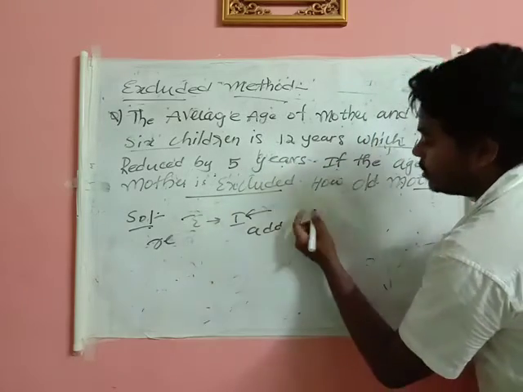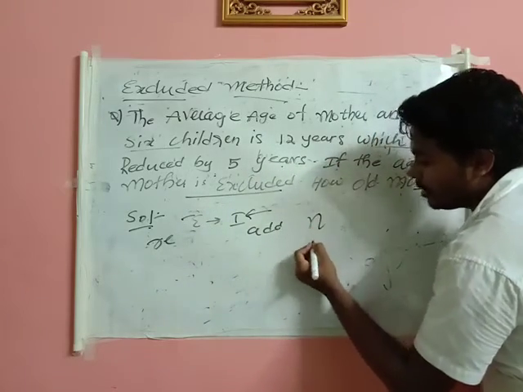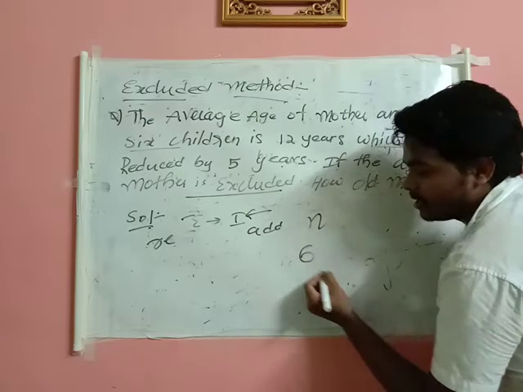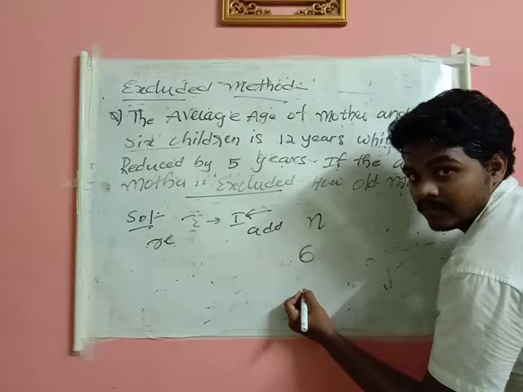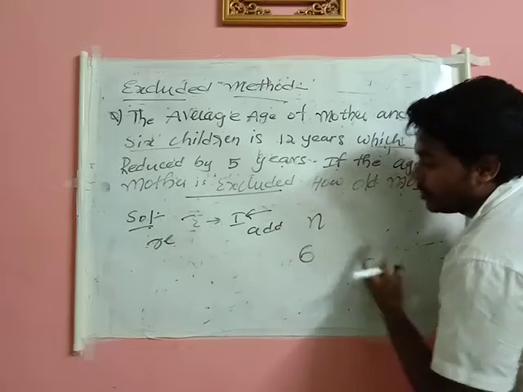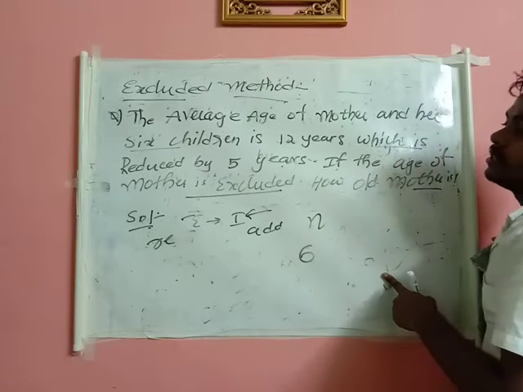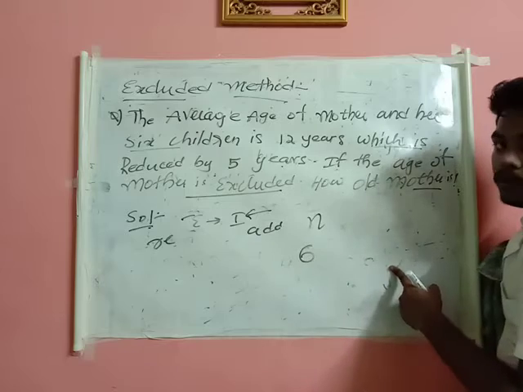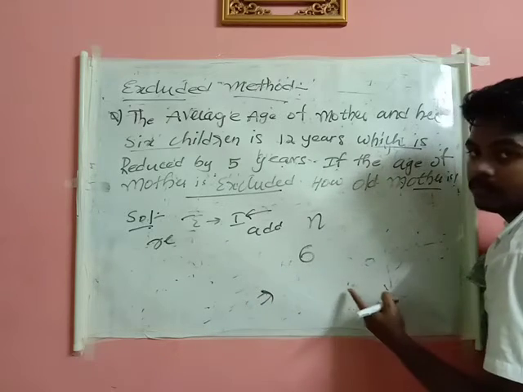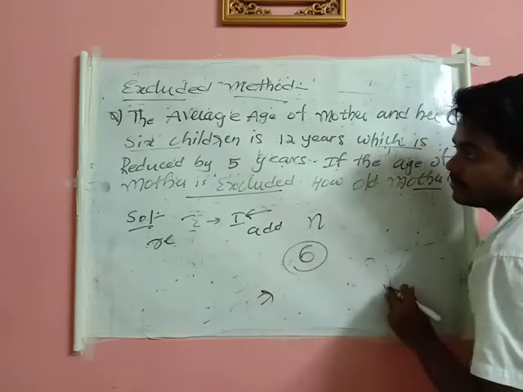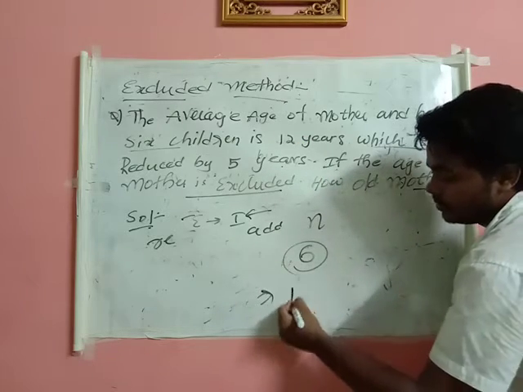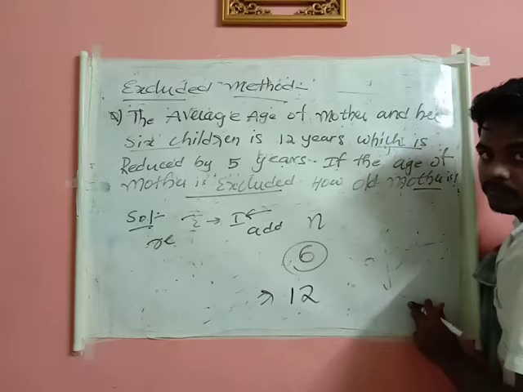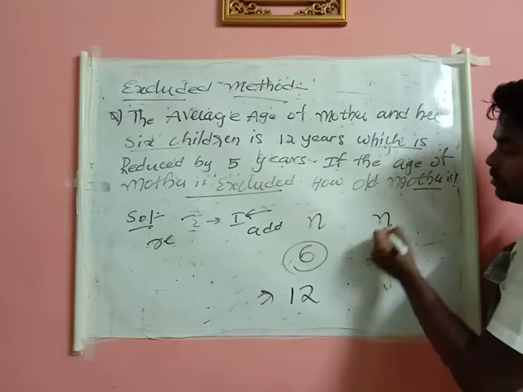Now see, coming to the included method, how many people are there? Initially 6 children are there. What is their average? The average of these 6 children is 12. Now, who is included?